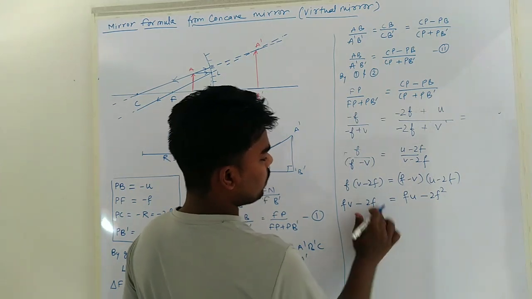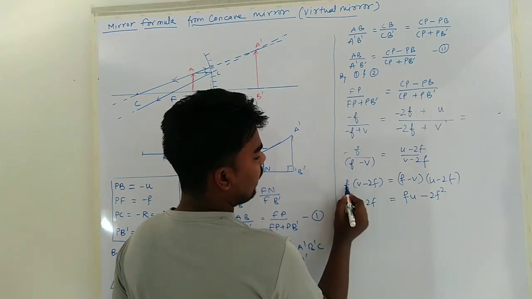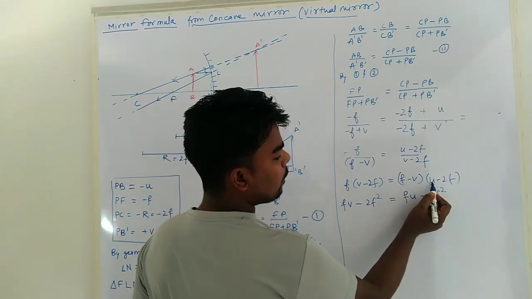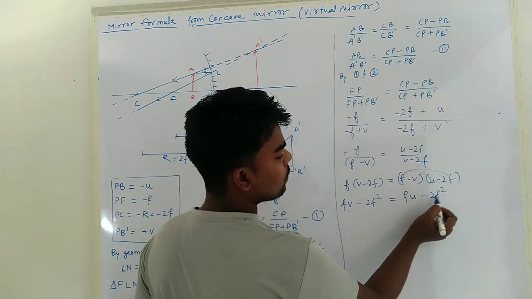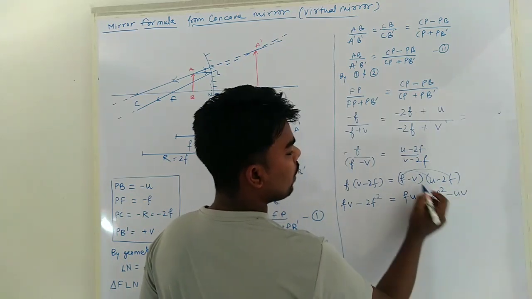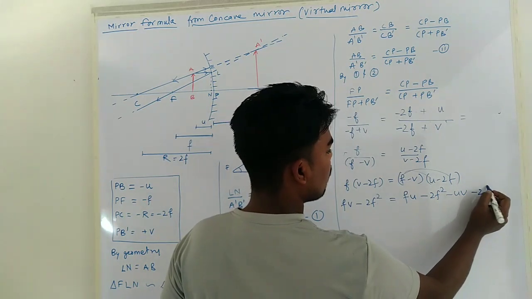F into V, so FV, and this F is multiplied with 2, so 2F square. Similarly, F is multiplied with V, so FU, and F is multiplied with 2F, so 2F square. Then minus is multiplied with U, so minus UV, and this is multiplied, so this will become minus 2FV.